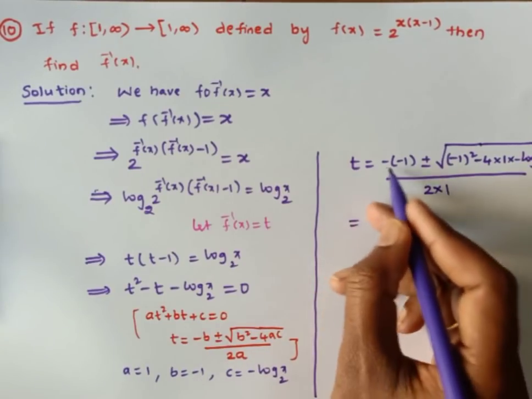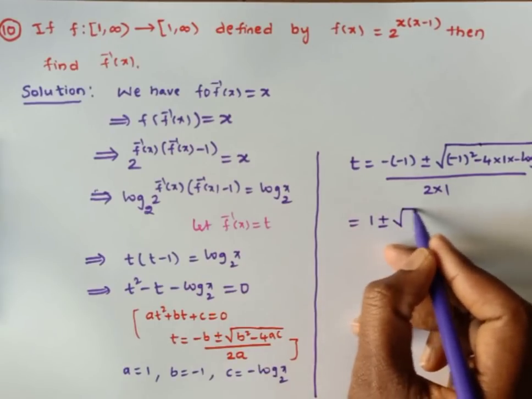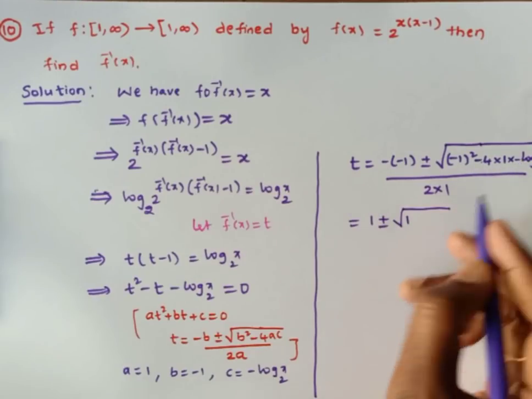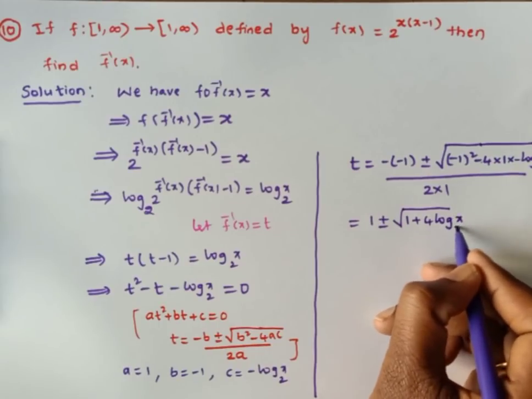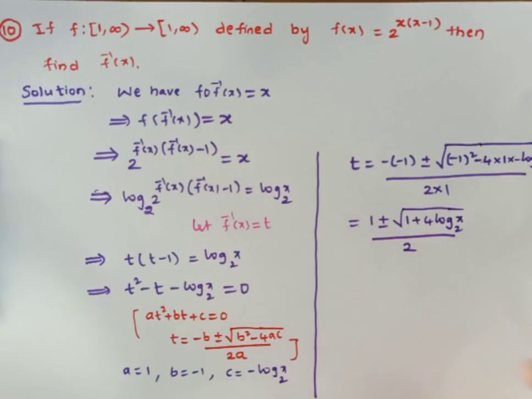Now this is minus into minus, so it is 1 plus or minus square root of minus 1 square is plus 1 minus 4 into minus 1, so it is plus 4 into log x to the base 2, divided by 2.